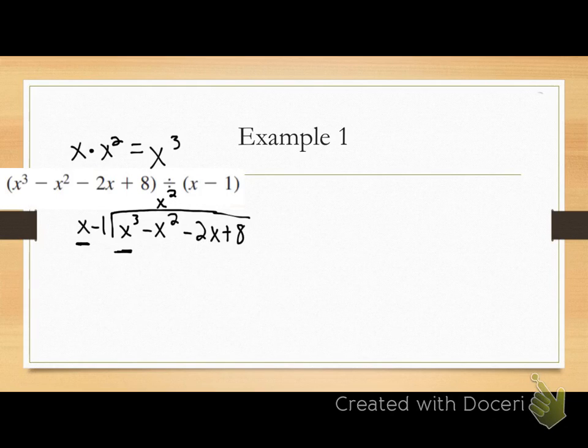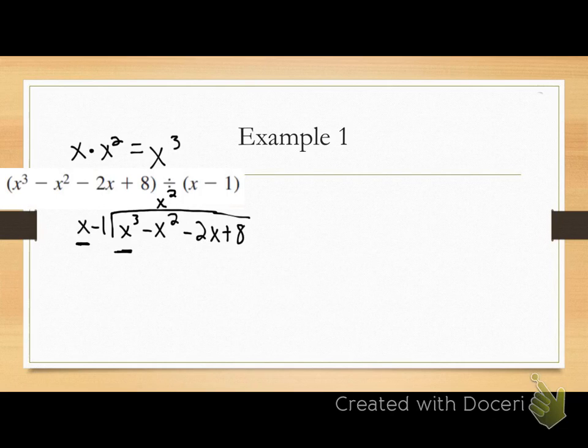Okay? Is everyone good with me so far? Very similar to what we did over here. However many times 5 went into 31, I put it up here. However many times x goes into x cubed, I put it up here. What did we do with that 6 in our bell work? Multiplied by 5, right? Multiplied it by our divisor.